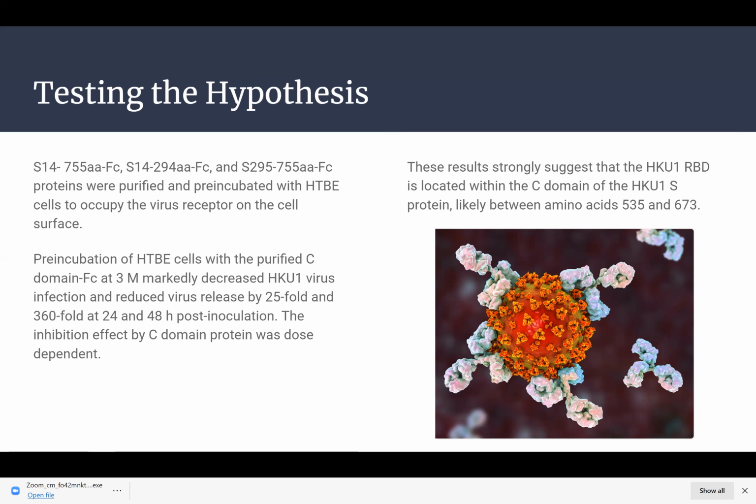So the more dosage that they used, the more inhibition that they found. And they found that over time, it greatly reduced the virus release. Those results strongly suggest that the HKU1 RBD is located within the C domain of the HKU1 spike protein, likely between the amino acids 535 and 673.